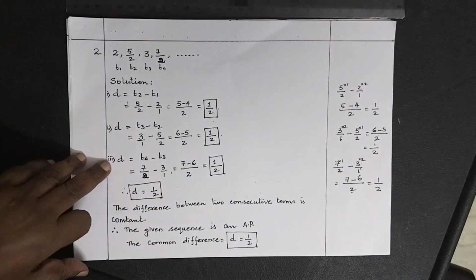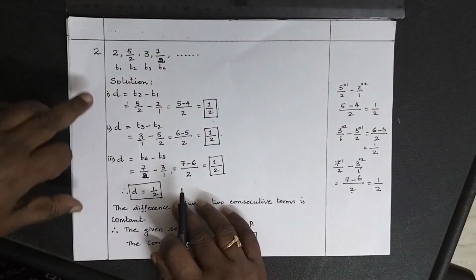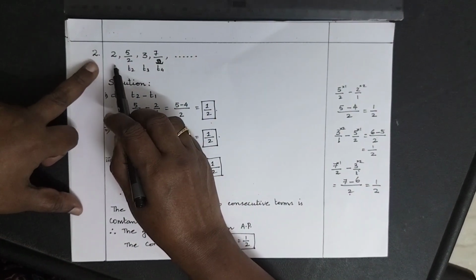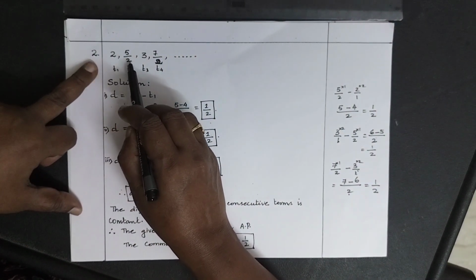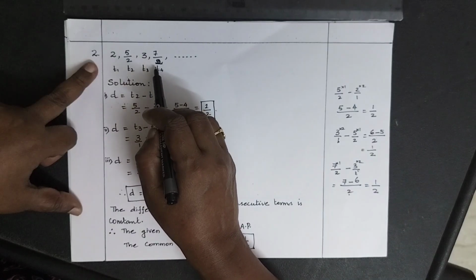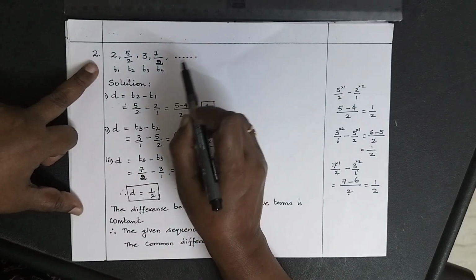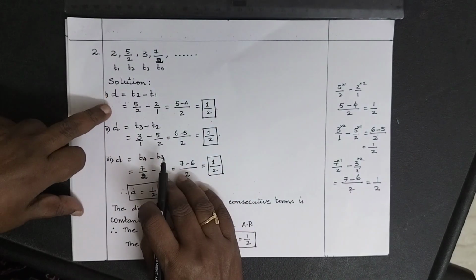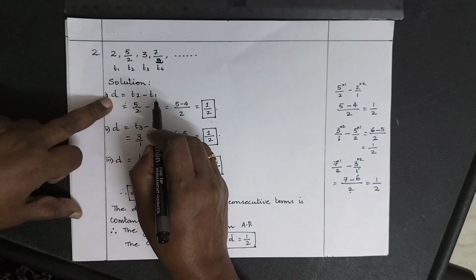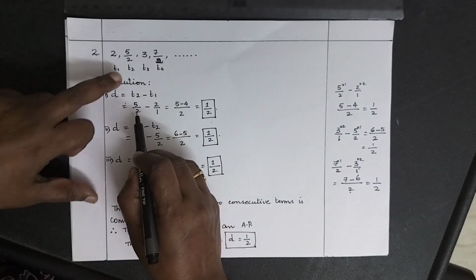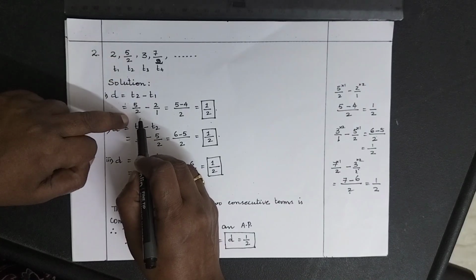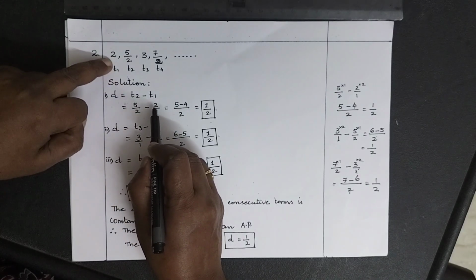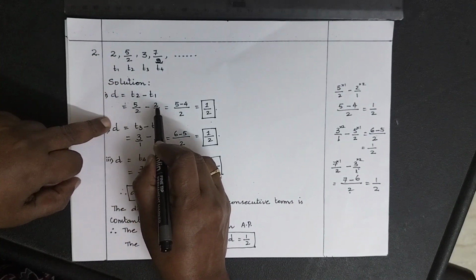Next sum: the given sequence is 2, 5 by 2, 3, 7 by 2, etc. Let us name these T1, T2, T3, T4. D is T2 minus T1. T2 is 5 by 2 and T1 is 2. So 5 by 2 minus 2.